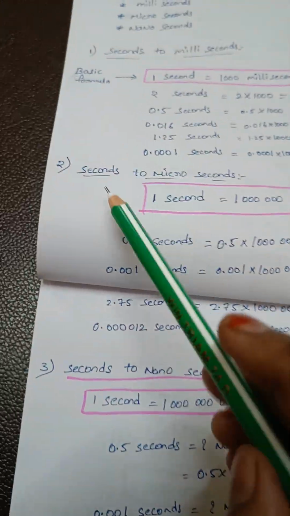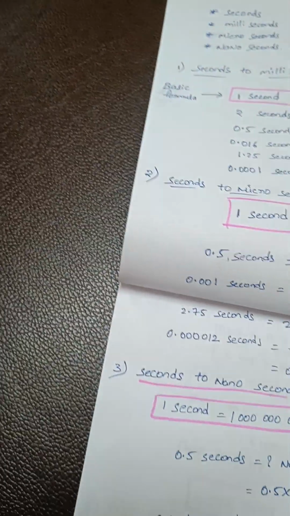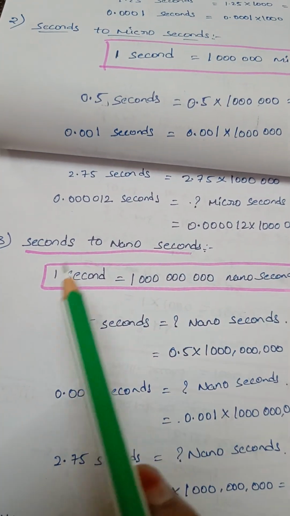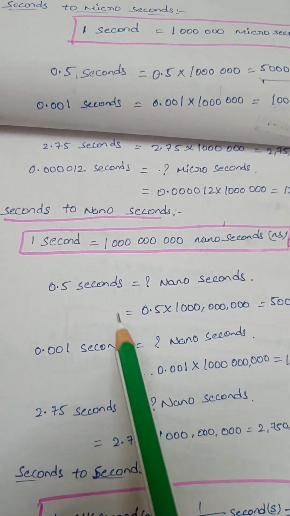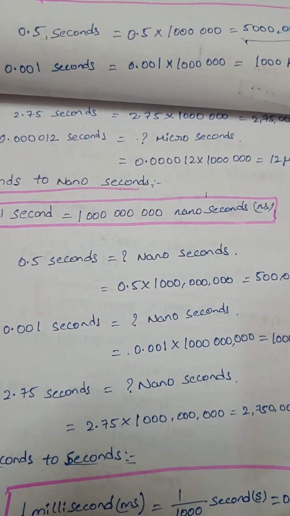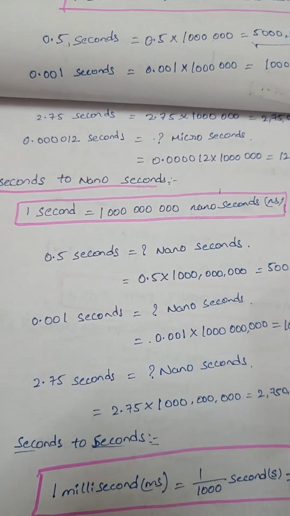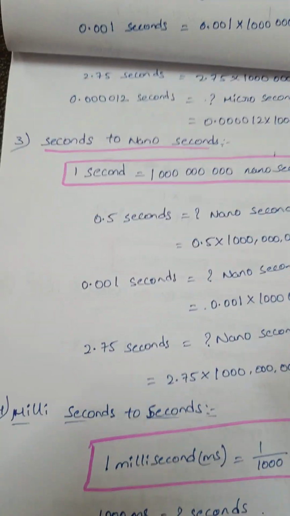Like that we convert seconds to microseconds. Now if you want to convert seconds to nanoseconds, you just multiply with 10 to the power 9. That is the answer.